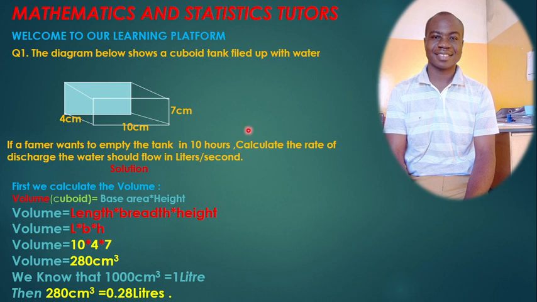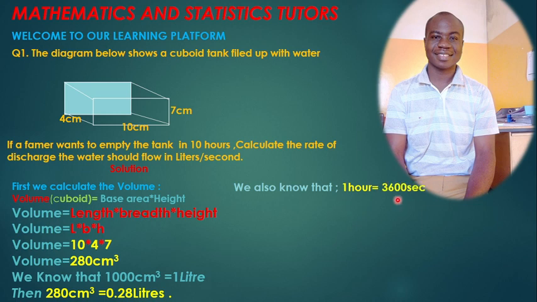Now our answer should be given in liters per second. We know that 1000 centimeters cubed is equal to 1 liter of water or fluid. Hence, changing 280 centimeters cubed to liters, we are getting 0.28 liters. Now we know the amount of water in this tank in liters.